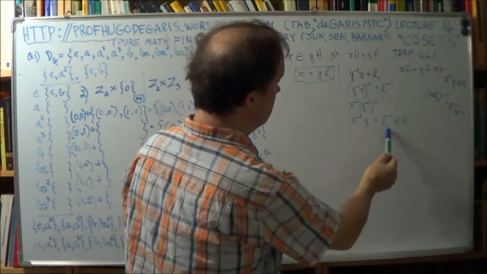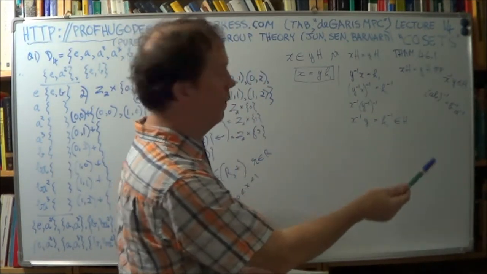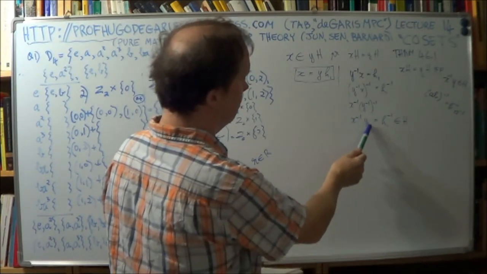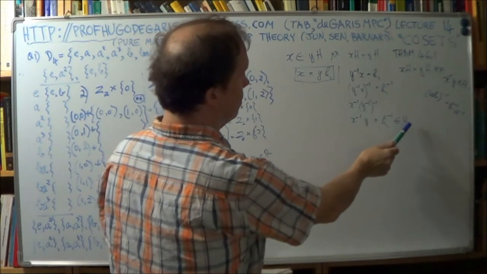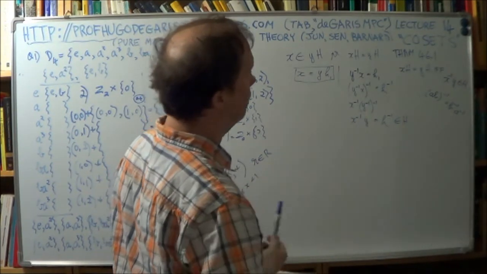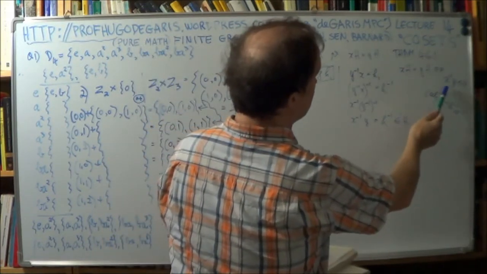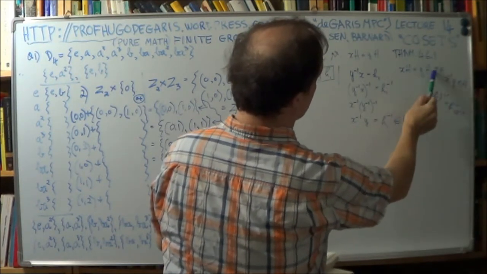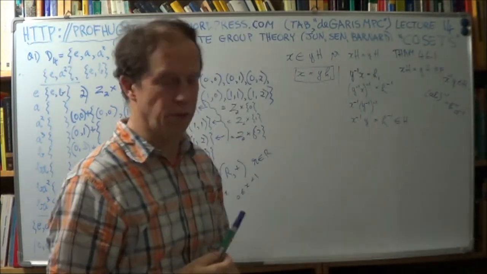So this inverse belongs to the subgroup, and therefore x inverse y, because this is equal to that, belongs to your subgroup, right? And hence, if this is true, therefore this is true, and there you've got it. There's your proof, right?